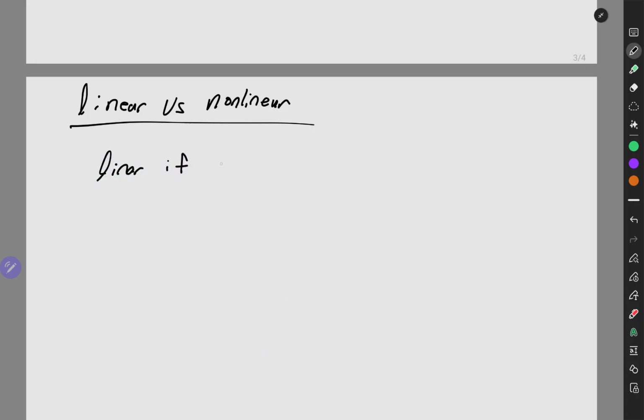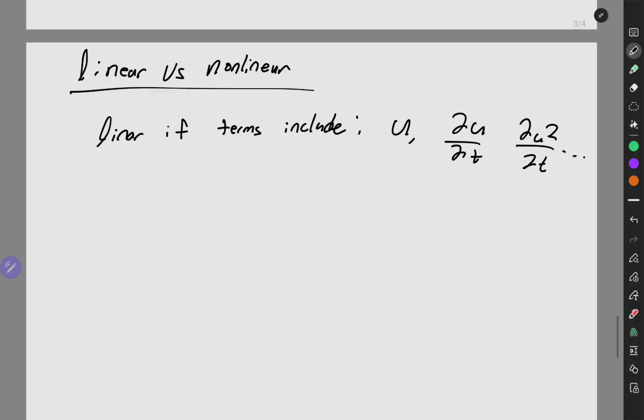Linear if terms include, for example, u, du dt, du squared dt, and so on.